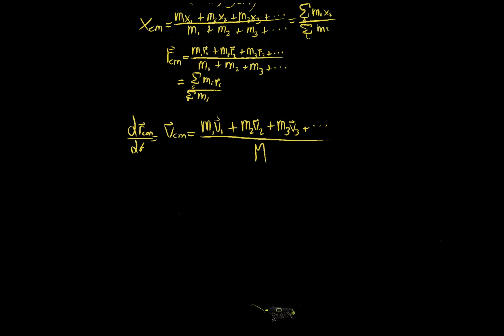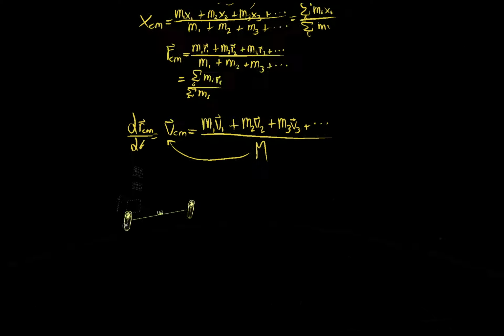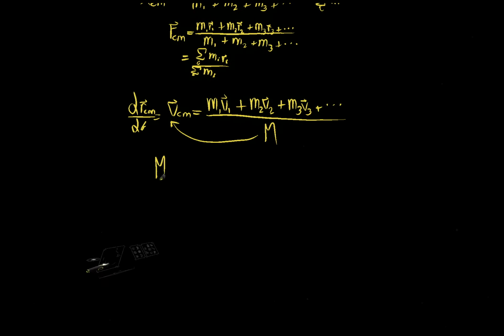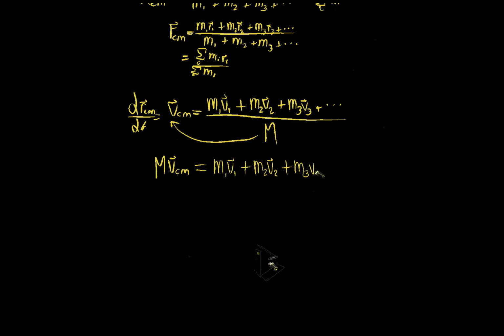The total mass. And then let's bring the total mass over here. So then you have M VCM is equal to M1 V1 plus M2 V2 plus M3 V3 plus yada yada yada.